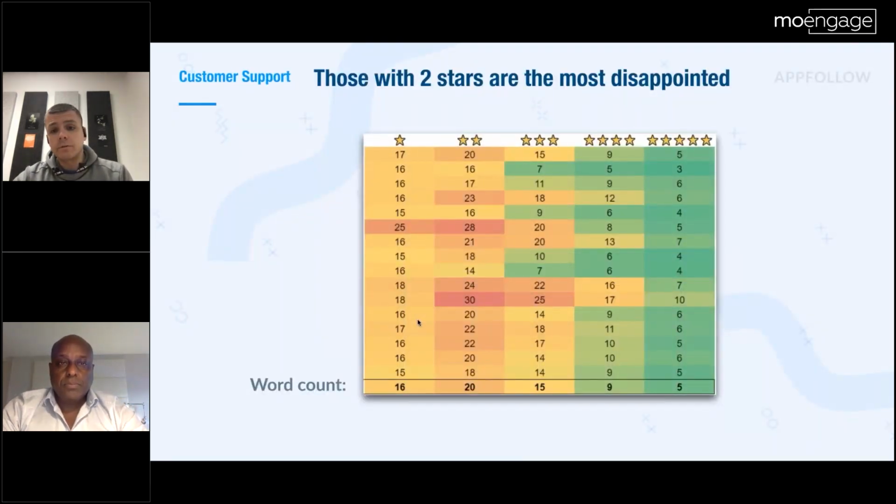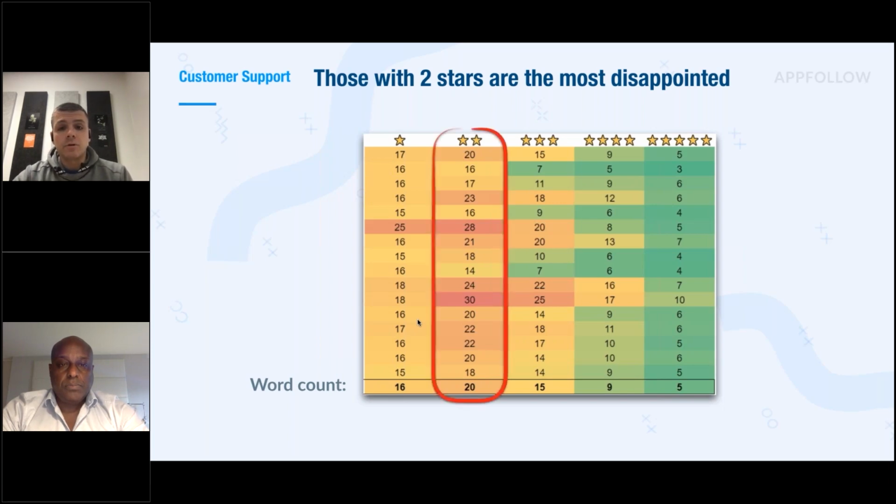One interesting thing that we've found out is that the most disappointed people are the ones who leave you 2 stars. These people talk the most, and they leave the longest reviews, and that means that these guys are probably the most disappointed.